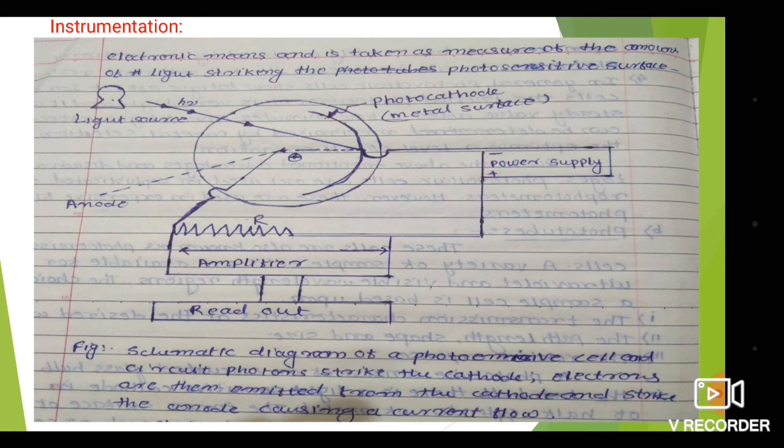The inner surface of the cathode is coated with light sensitive layers such as cesium or potassium oxide and silver oxide. So this inner layer is coated with light sensitive material, cesium oxide, potassium oxide.